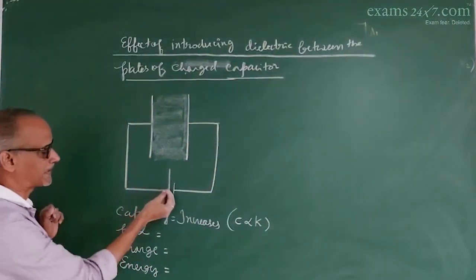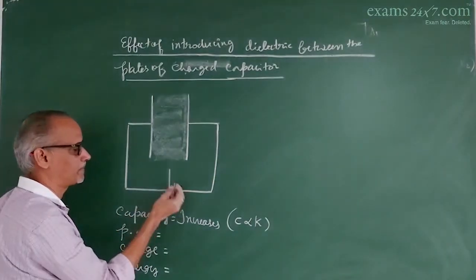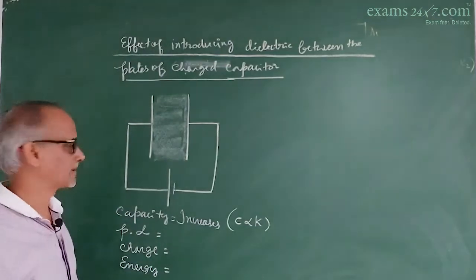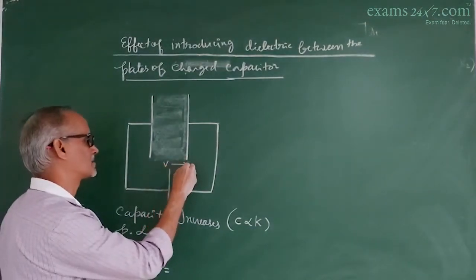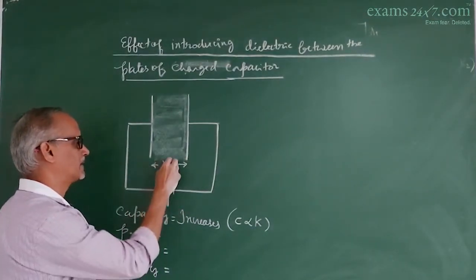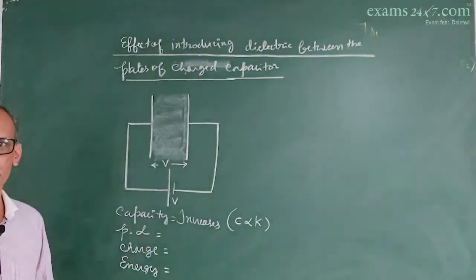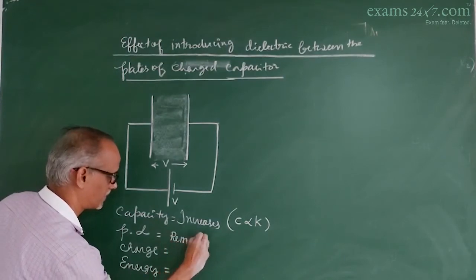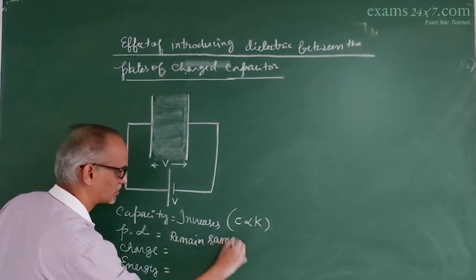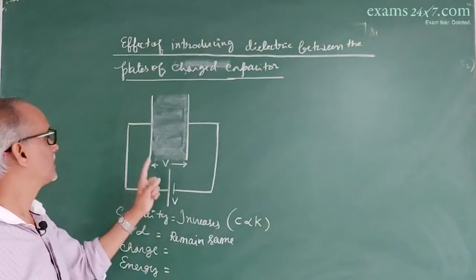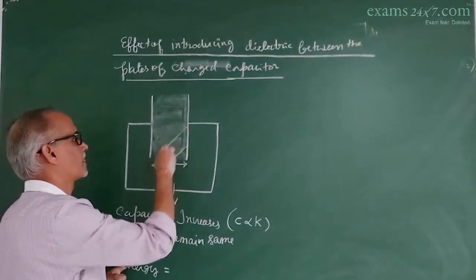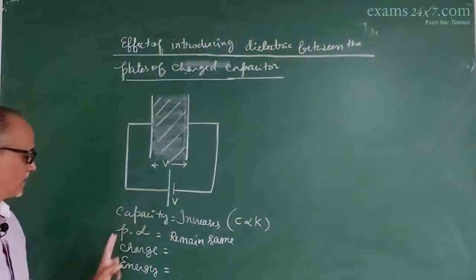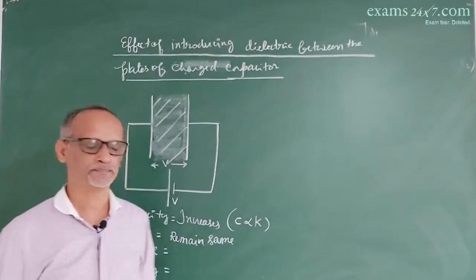So immediately the charges will flow from the battery to the capacitor, so that the potential difference across it will remain the same as that of the battery. So whenever a dielectric is introduced between the plates of a charged capacitor which is still connected to the battery, the potential difference remains the same, always the same.